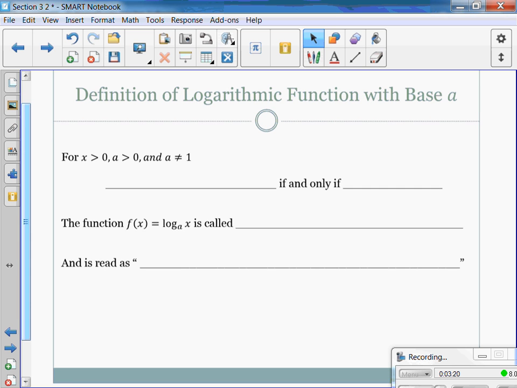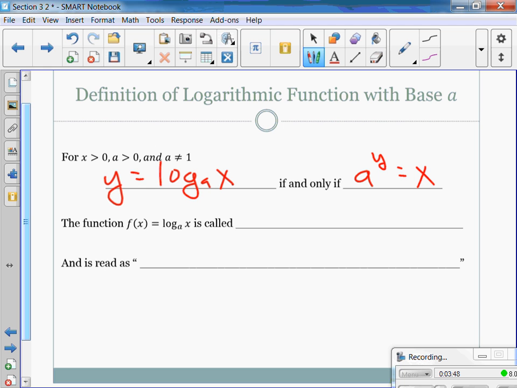So, for x greater than 0, a greater than 0, a not equal to 1, we have y equals the logarithmic function with base a of x, if and only if x equals a to the y.